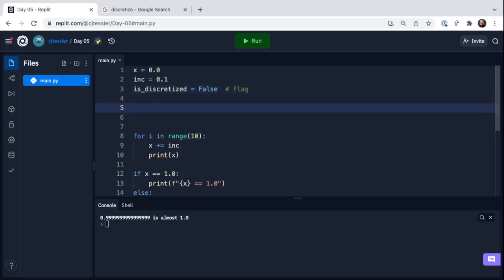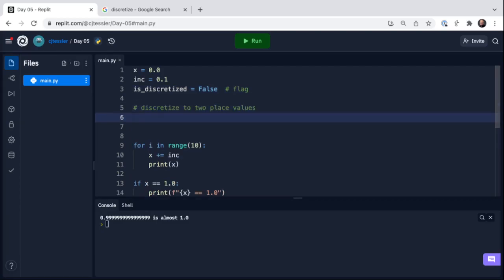So what I'm going to do is discretize to 2 place values. I only need to worry about this if I'm incrementing by a float. And there's a new function I'm going to introduce right here, isinstance. What isinstance does is it has 2 arguments.